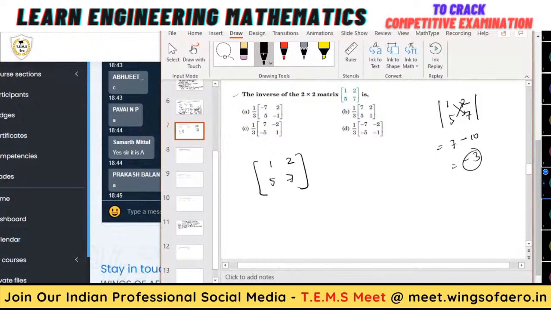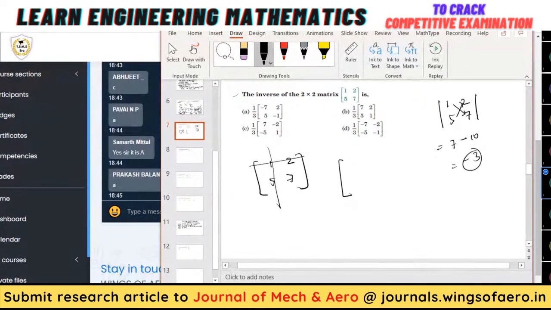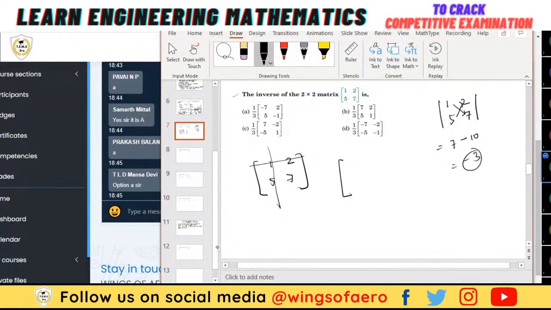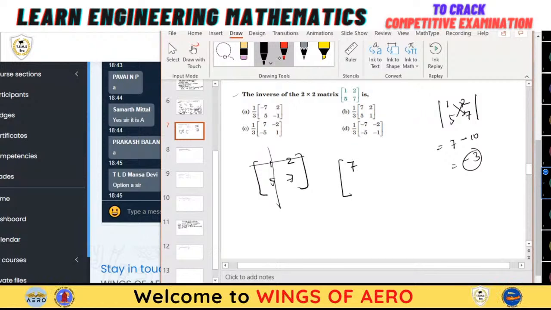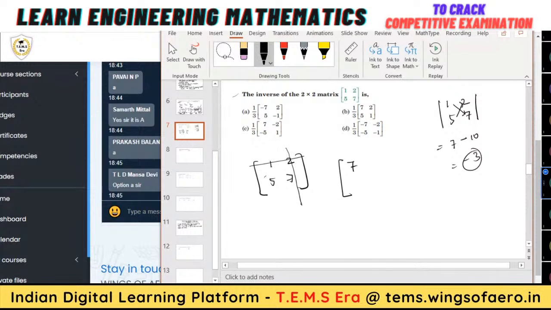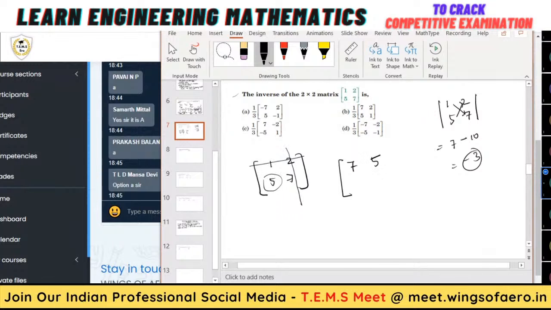For the cofactor matrix, first row and first column should be deleted. That is 7, write down the 7 here. Second, first row and second column should be deleted. What remains? 5. Write down here 5.